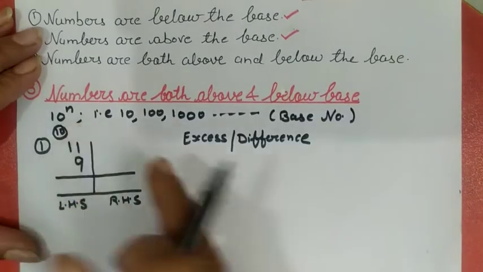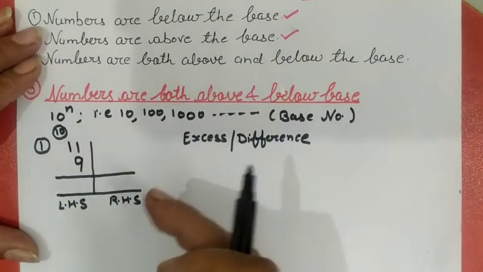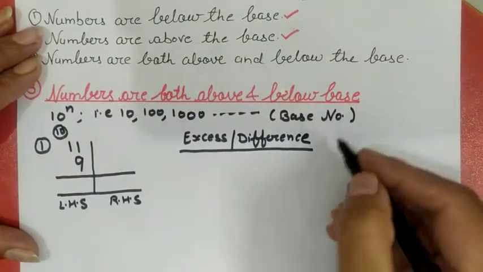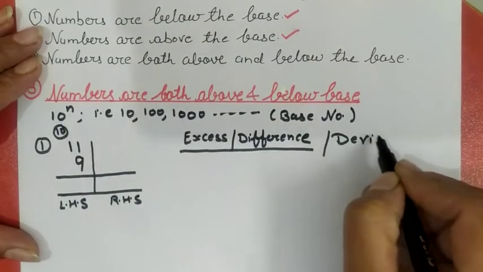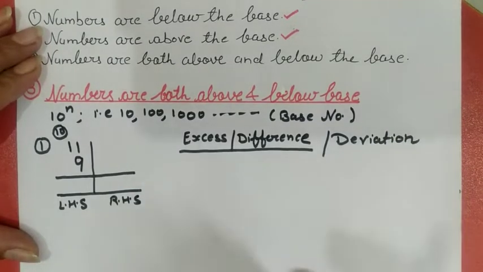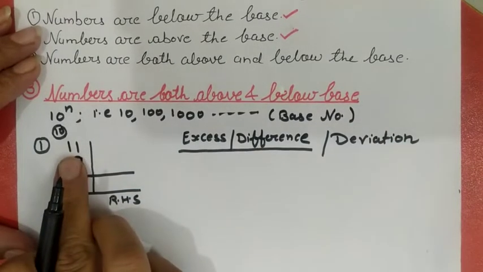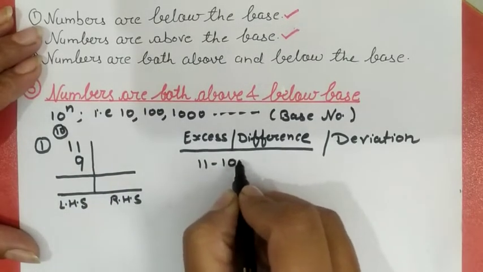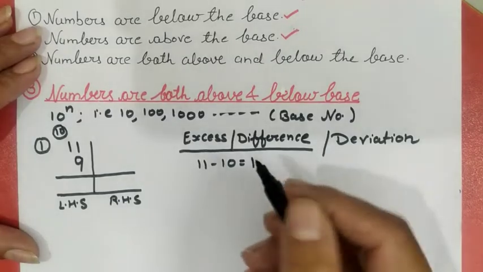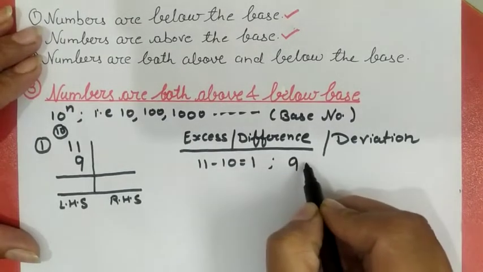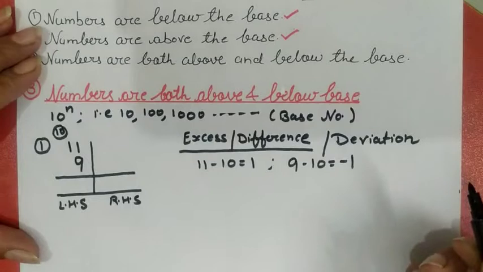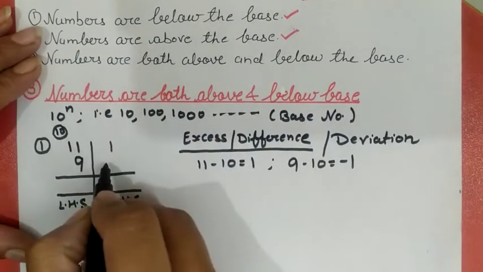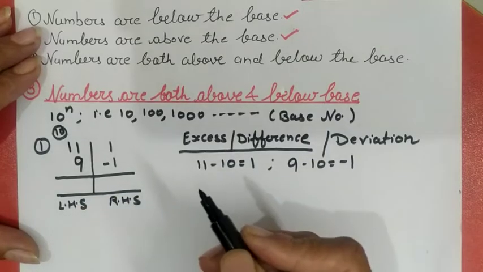Like 11 has excess from base 10 and 9 has difference from base 10, or collectively we can say deviation from base. Now what is the deviation of 11 from 10? 11 is 1 more than base 10 and number 9 is 1 less than base 10. So we get the deviations.